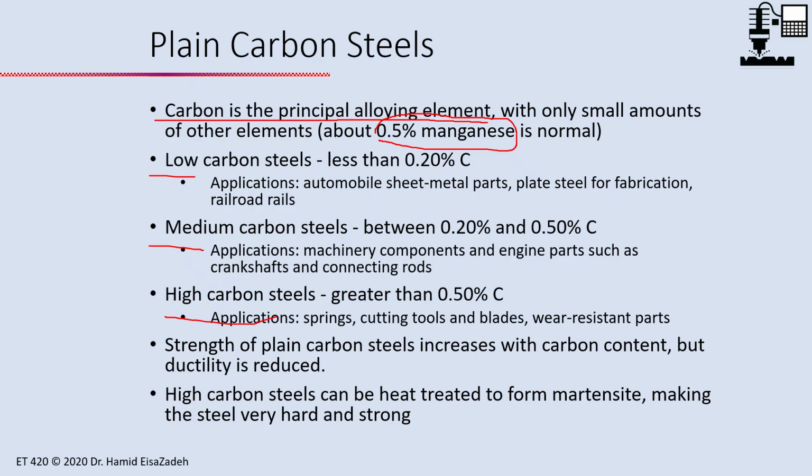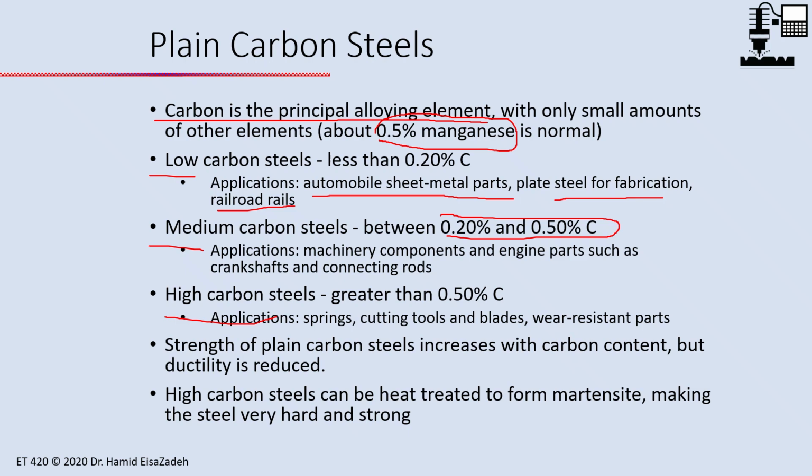The main application of low carbon steel is in automobile parts, plate steel for fabrication, or railroad rails. The medium carbon steel can be used for machinery components, crankshafts, and connectors.